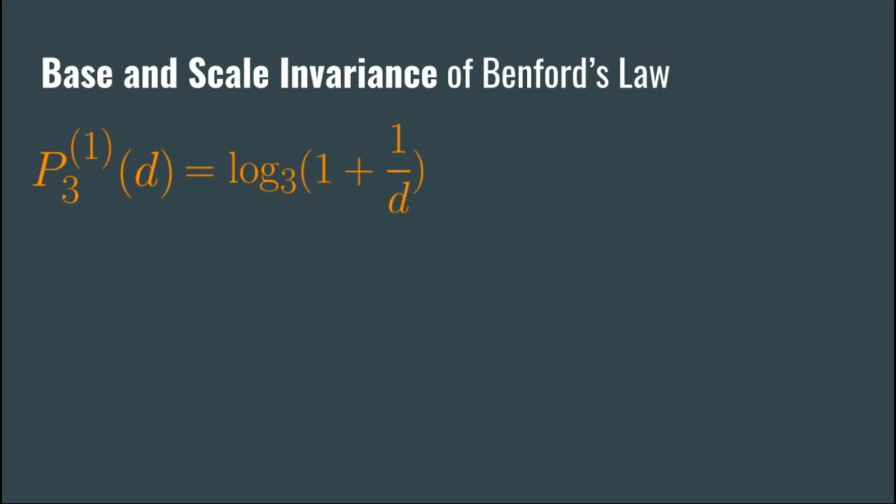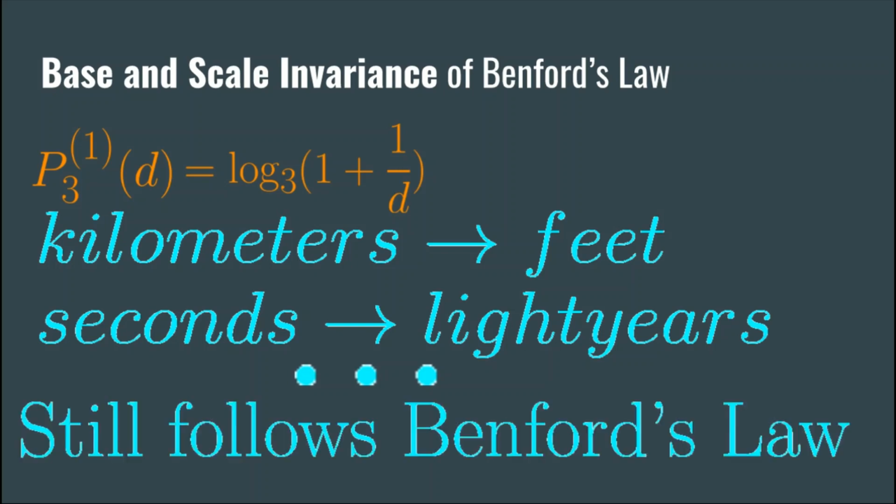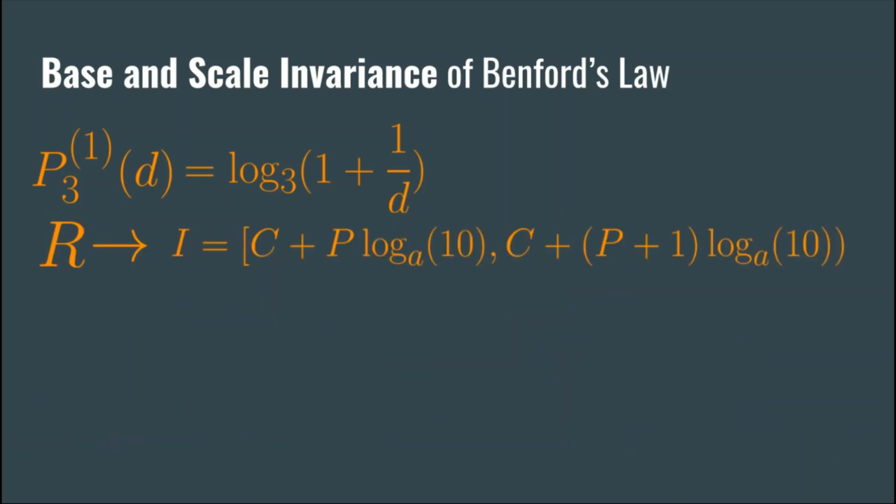Additionally, another surprising result that arises from Benford's law is scale invariance. That is, when we multiply the result by some scalar c, it will also follow Benford's law. An instance of this is when changing the units of the data from, say, kilometers to feet. The data will still follow Benford's law. This can be seen by considering adding the scalar c to the random variable r.